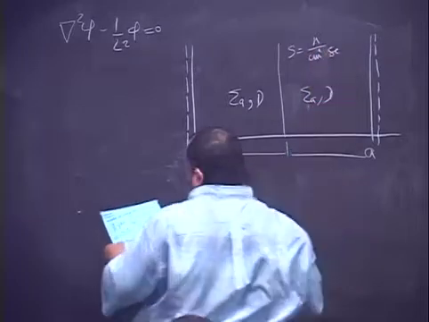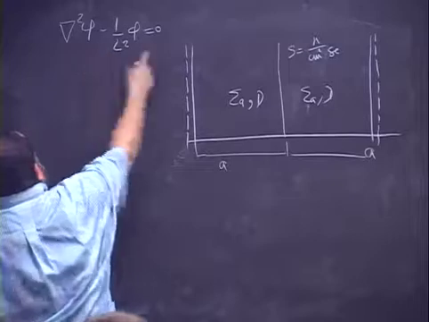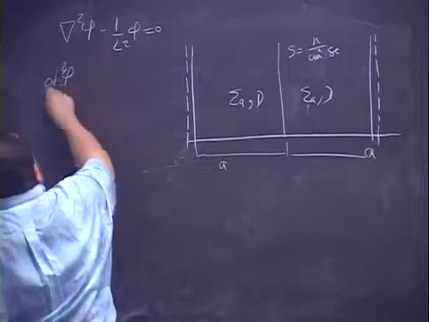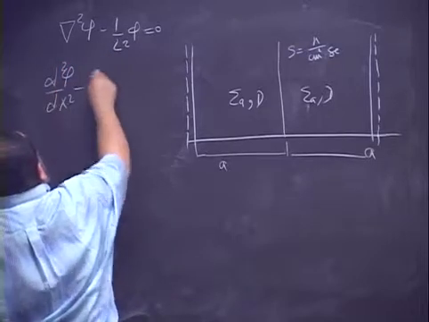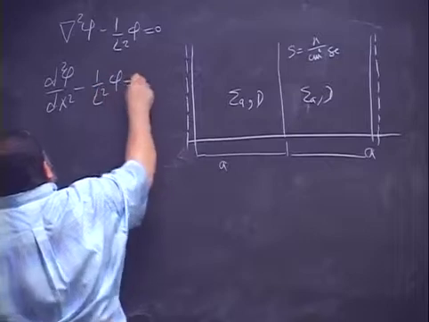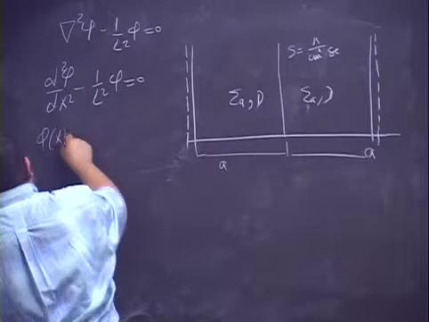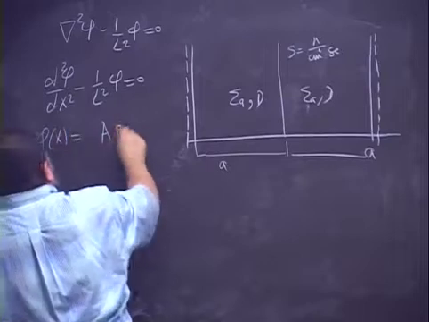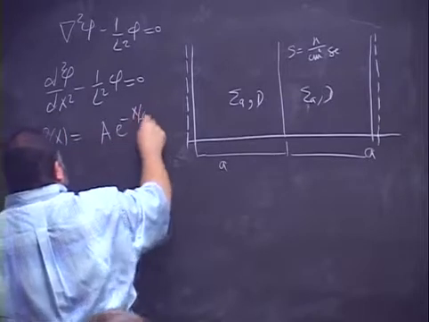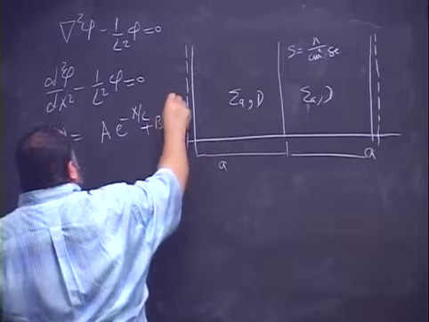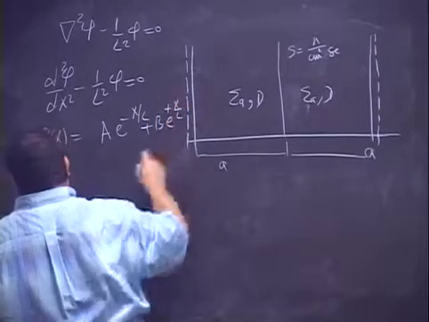Because this is a plane, you'll be now simplifying this to d2 phi by dx squared minus 1 over L squared phi equal to 0. And the flux as a function of x is nothing more than a e to the power of minus x over L plus b e to the power of plus x over L, or vice versa.